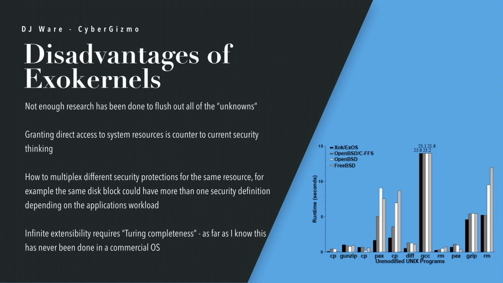But the current systems that support exokernels are research operating systems. They're not commercial, and so you wouldn't know what the commercial interactions would be until you started to experiment in those areas. So yeah, you wouldn't want to just grab one of those and just start using it in production. That would probably be a really bad idea.